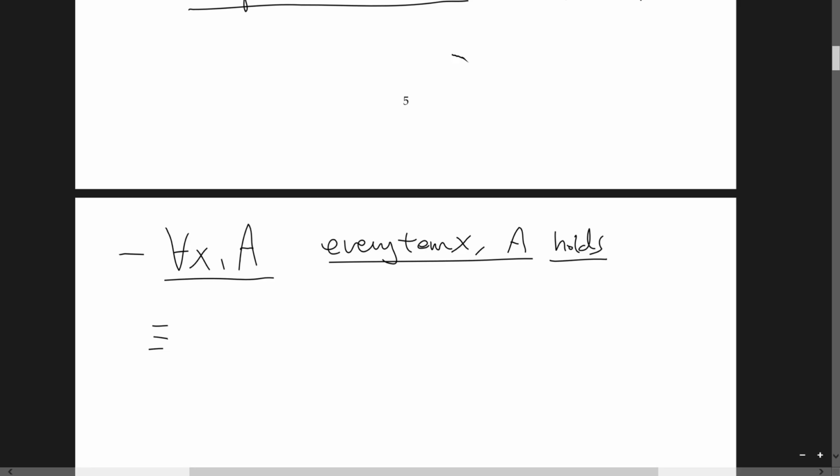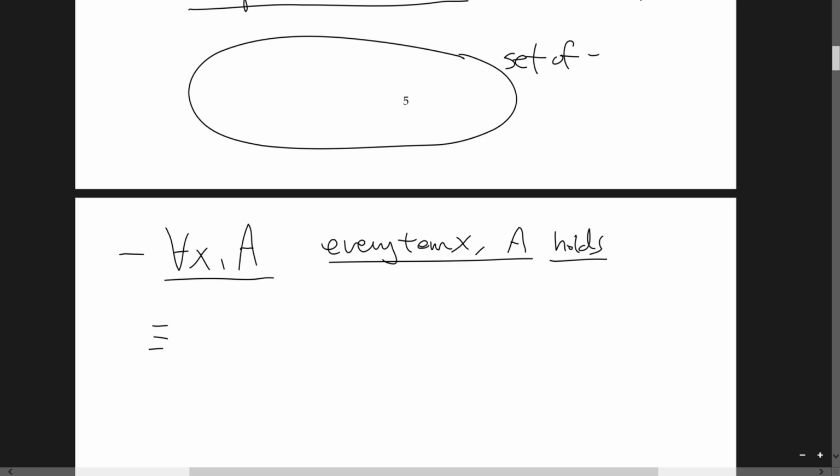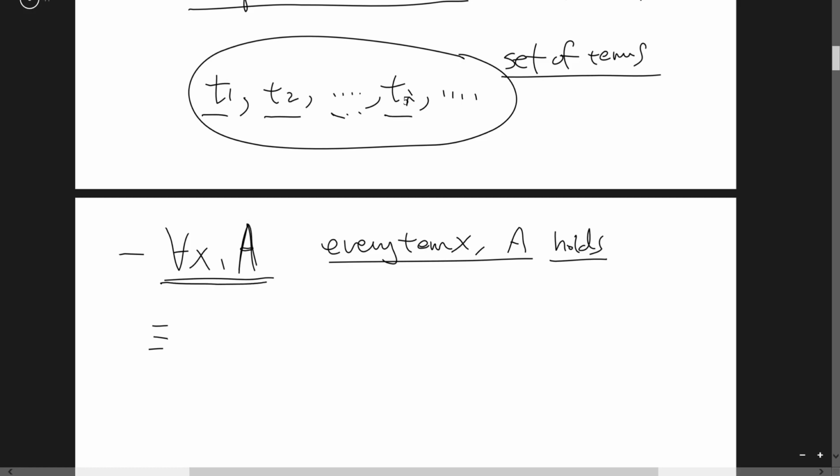Suppose that we have the entire set of terms: T1, T2, Ti, and so on. Then for all x A says that property A is true for T1, and also true for T2, and true for Ti. So you can think of it as an infinite conjunction.